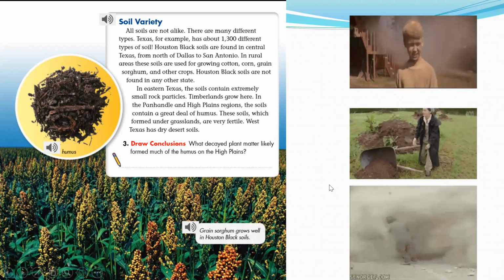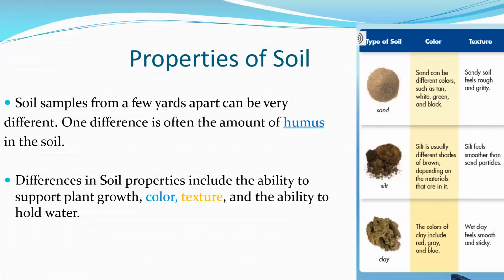So we started also talking about properties of soil. Soil samples from a few yards apart can be very different. One difference is often the amount of humus in the soil. Differences in soil properties include the ability to support plant growth, color, texture, and the ability to hold water.